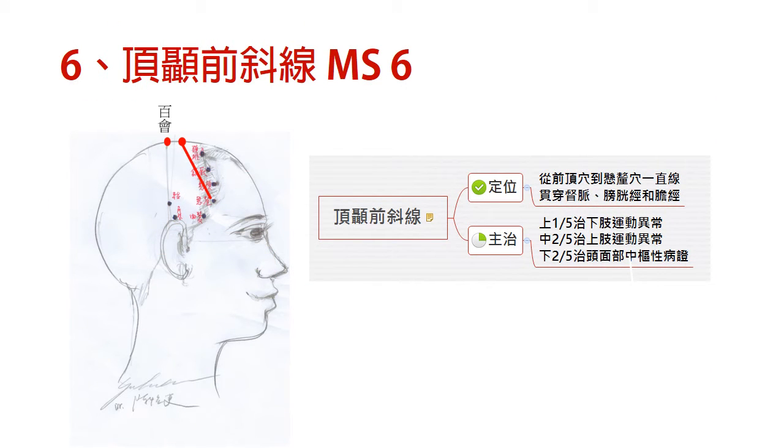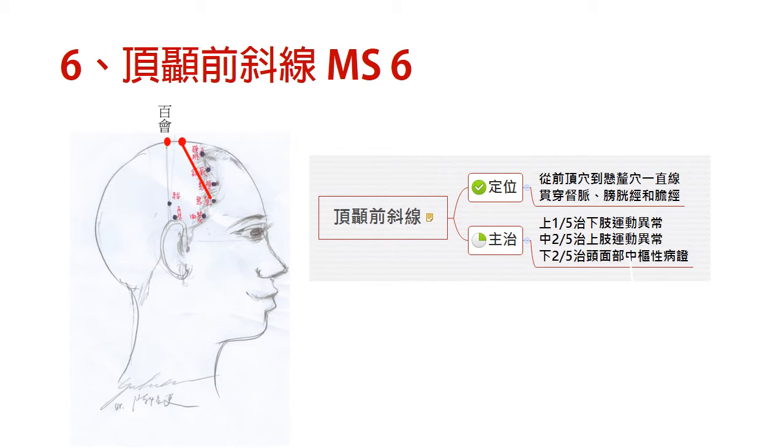About MS6. Location is on the GV21 to gallbladder 6, running through three channels: the Du channel, bladder channel, and gallbladder channel.